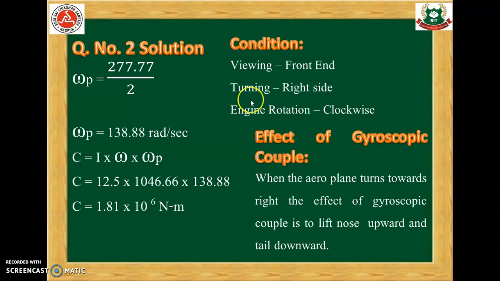We have the three conditions, that is viewing from the front end, turning is on right side, engine rotation is on clockwise. So with respect to these three conditions, the effect of gyroscopic couple is, when the aeroplane turns towards right, to lift nose upward and tail downward.